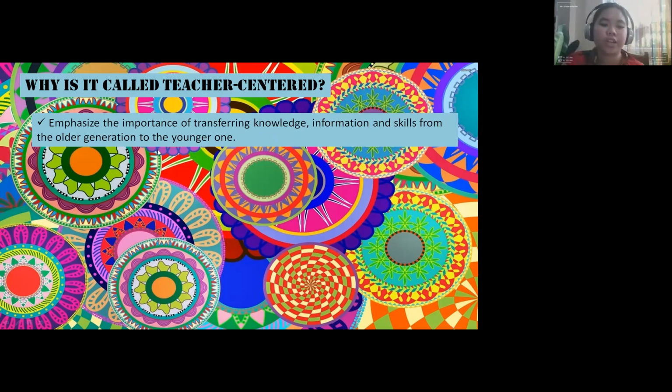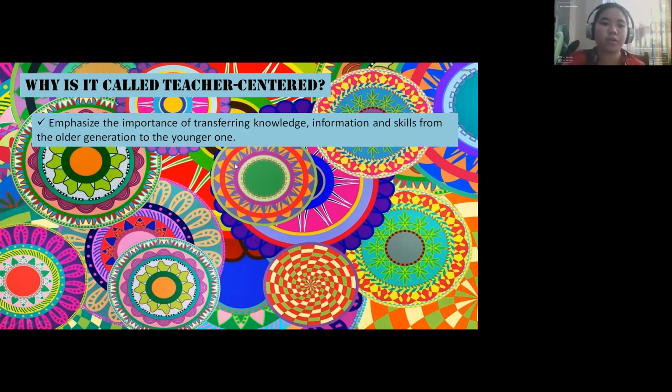The older generation does not only refer to those with a high number of years in age, but to people who are knowledgeable about a certain topic or have already experienced a certain experience. The younger ones are the people or students who have no idea about the knowledge you are teaching.